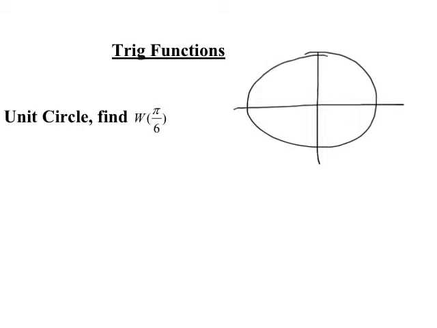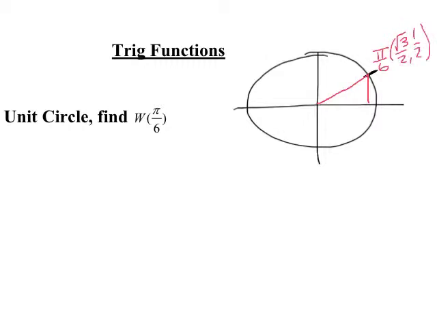Well, if you remember, pi over 6 is somewhere over in this region here. So if I'm asking for the wrapping function, remember we drew that triangle. And we talked about, well, if this is pi over 6 right here, the coordinates of that location are root 3 over 2, comma, a half.